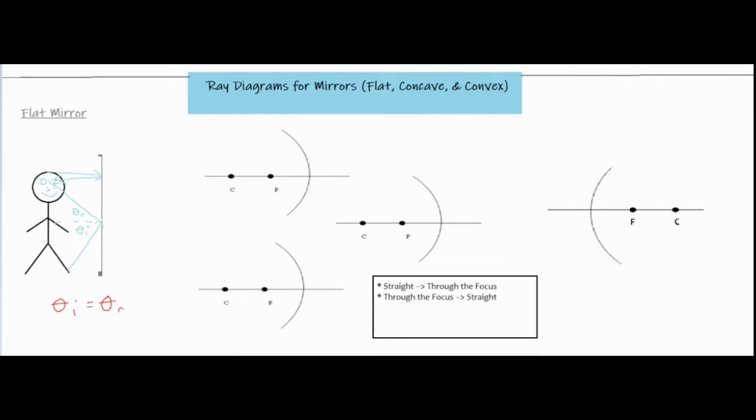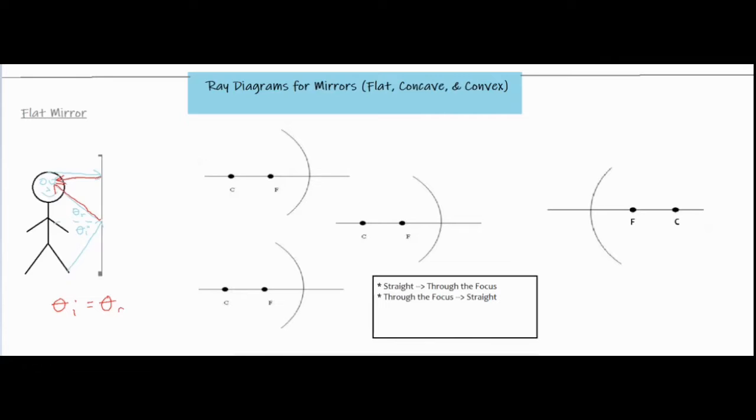So basically whatever angle it comes in on is whatever angle it bounces off at. So we have two reflected light rays to move to the person's eye, which is this one, and this one over here.